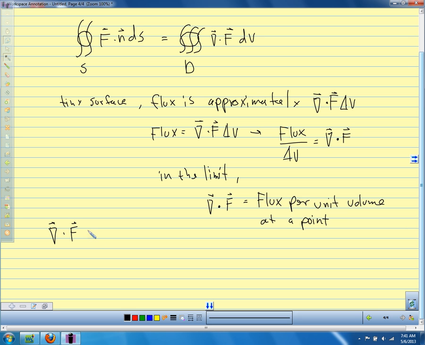If del dot F, the divergence, is greater than 0, we call F a source. The divergence is positive, so we're thinking of the field flowing outward. If del dot F is less than 0, we call the field a sink.